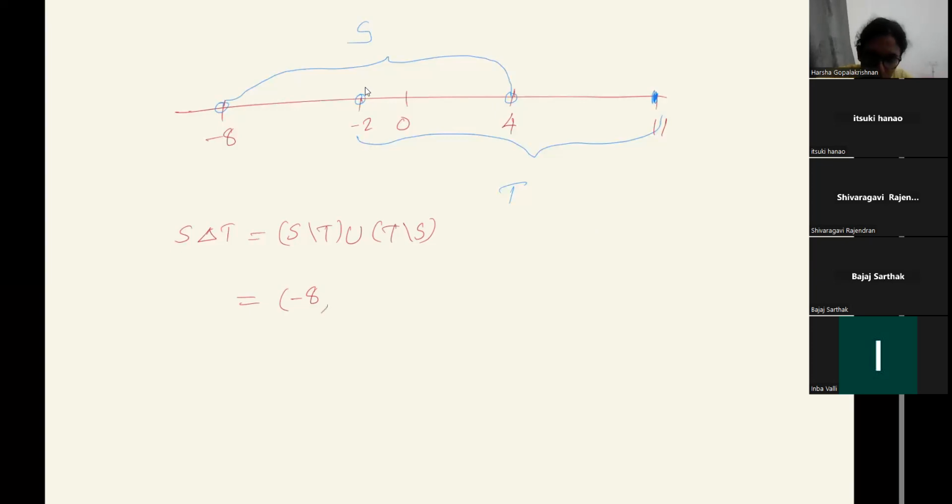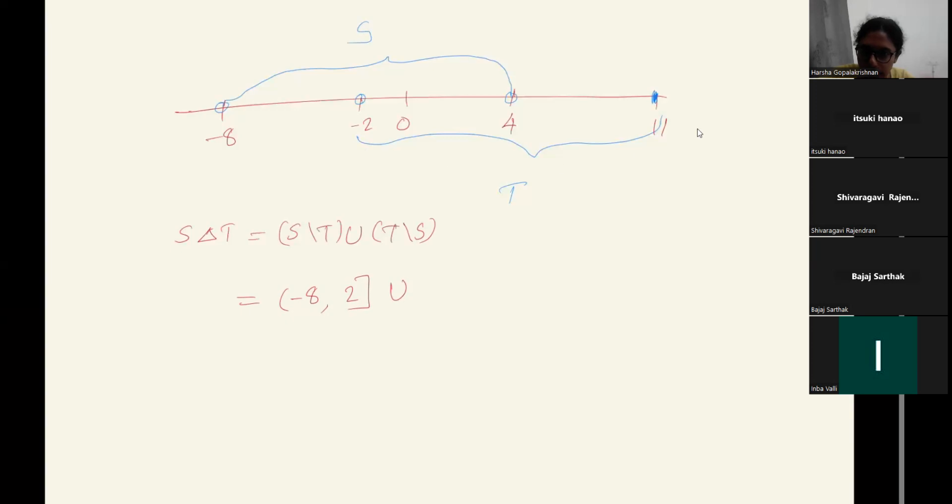Does this set include -2? Yes, because -2 is not in T. So from -8 until -2, it should be there in S minus T. That is -8 to -2, closed interval. Now, what is T minus S?